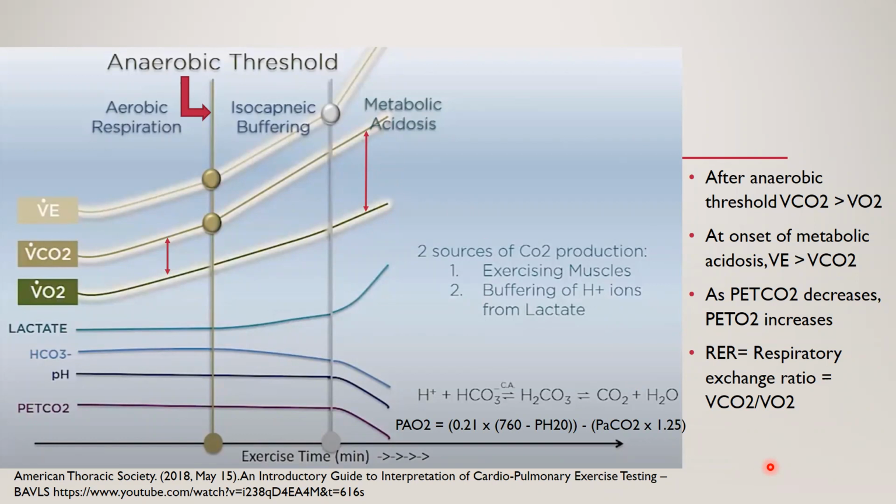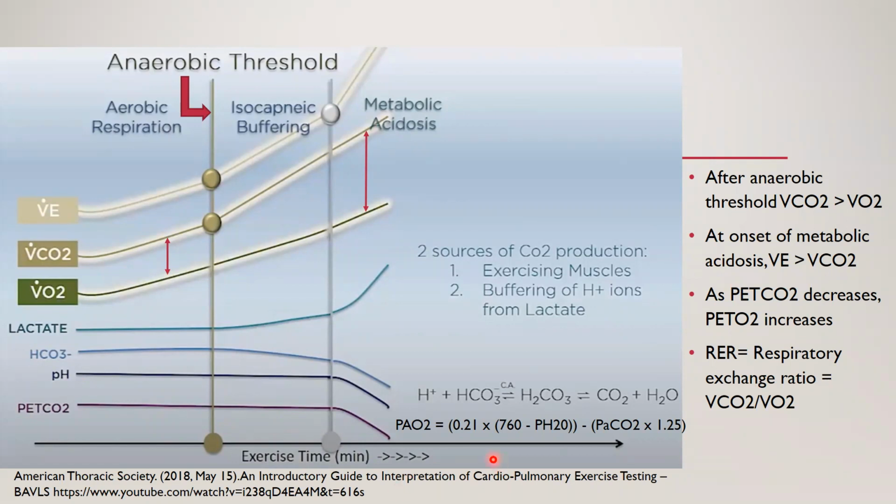Okay. And a side note about the end tidal CO2: because you're increasing your minute ventilation here at AT, this graph isn't perfectly accurate. You'll actually start to see your end tidal CO2 decrease at anaerobic threshold. And then, because gas has to be in your lungs, your end tidal CO2 drops, your end tidal oxygen increases.